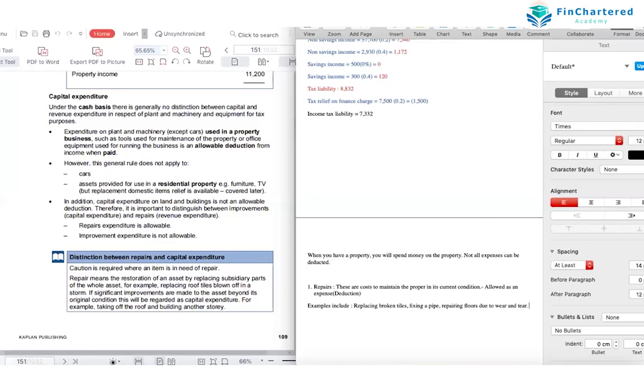These things are deductible. But as I said, not all expenses are deductible. There is something known as capital expenditure. These are major expenses that are incurred for upgrading the property, improving the property.